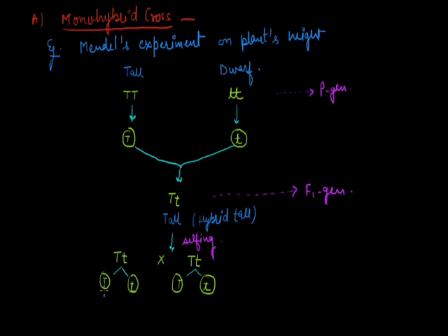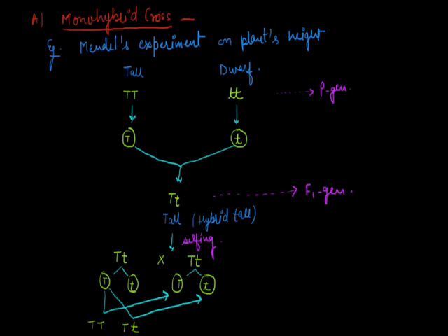Its pollen grain that contains the capital T character can fuse with another capital T and it can also fuse with another small t. Then the product can be expressed as capital T capital T or capital T small t in the next step.